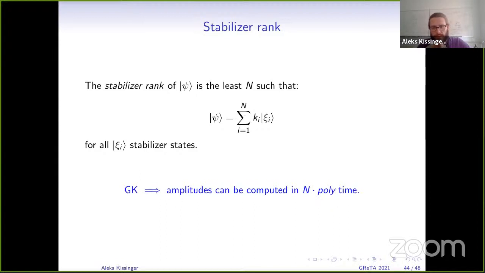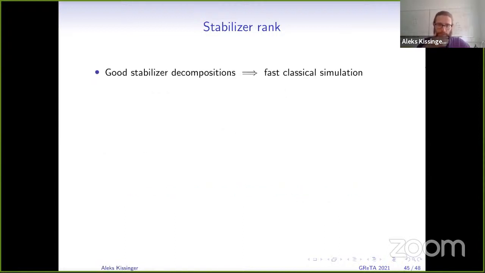This is just saying the Gottesman-Knill theorem, which I referred to before, means that I can simulate this thing, which in particular means I can compute what are called amplitudes in n times polynomial time. So actually finding good stabilizer decompositions gives you fast classical simulation.